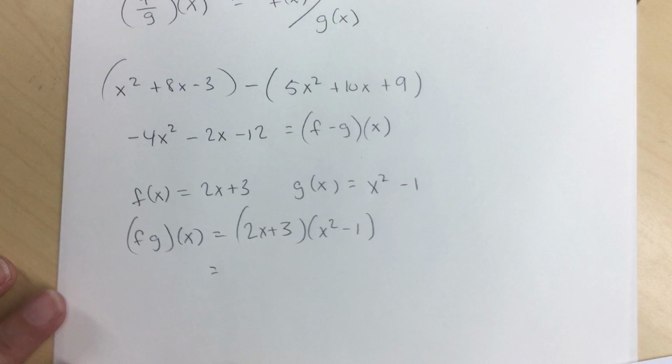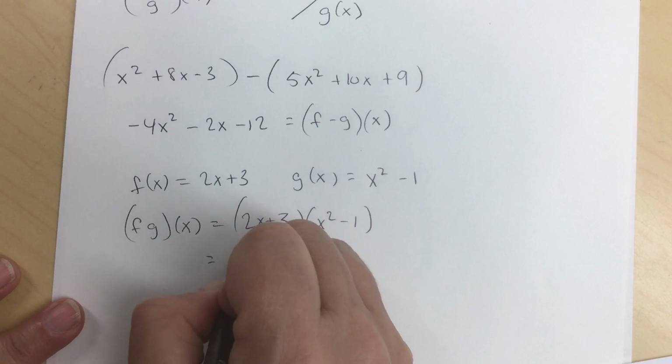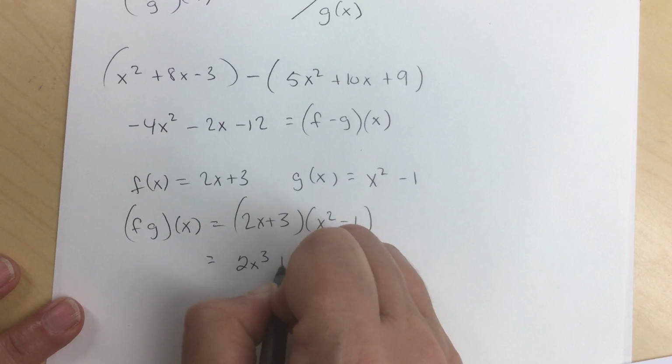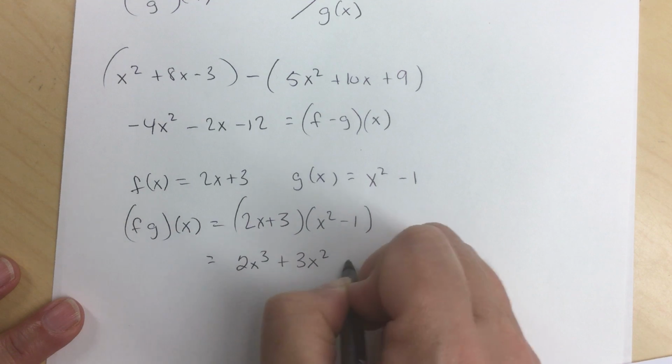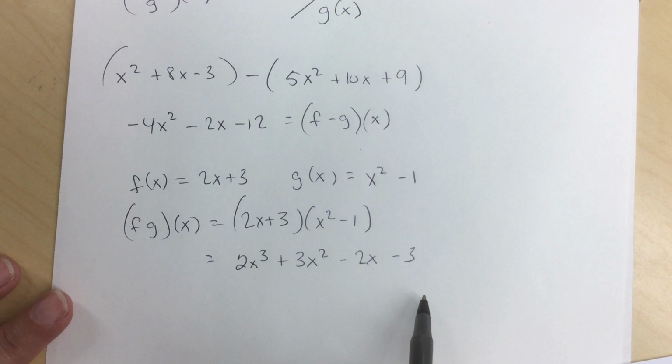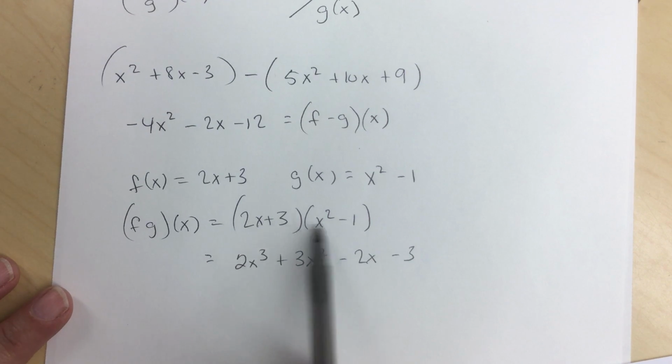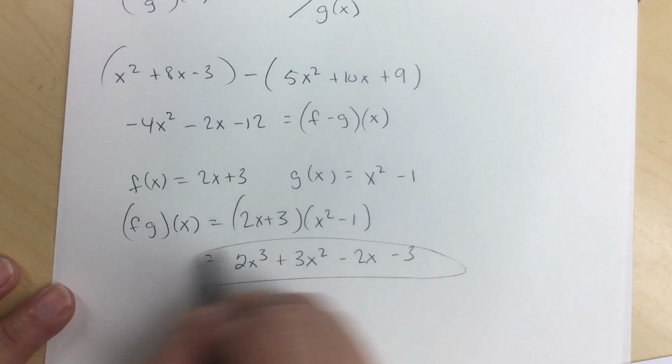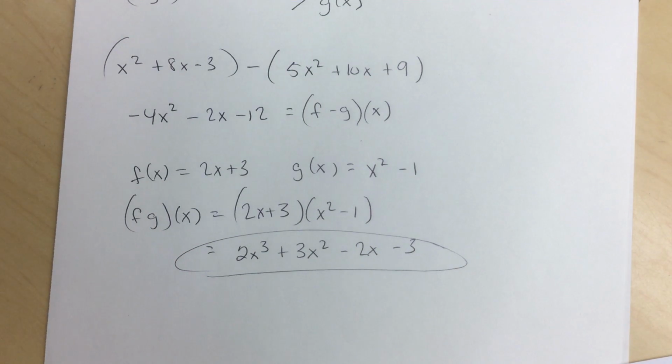So you've got to do the distributive property. So 2x cubed plus 3x squared minus 2x minus 3. And there's nothing to combine here because I have an x and an x squared. So all of my terms turned out different. So that's my answer.